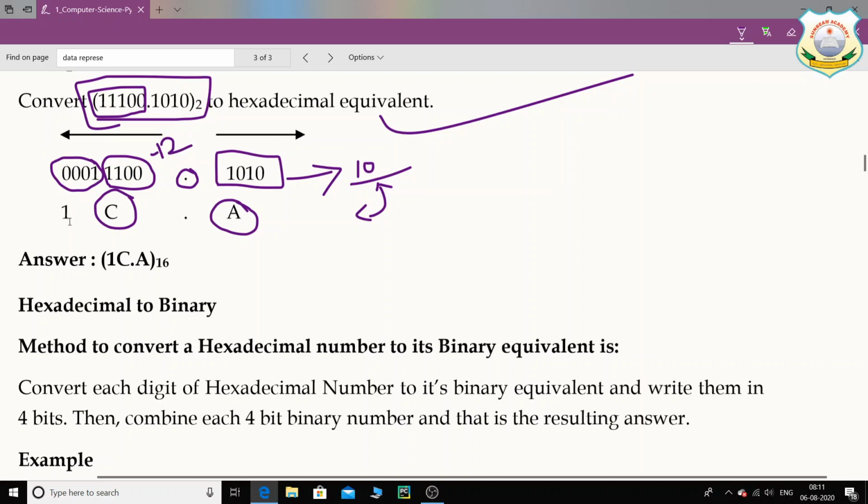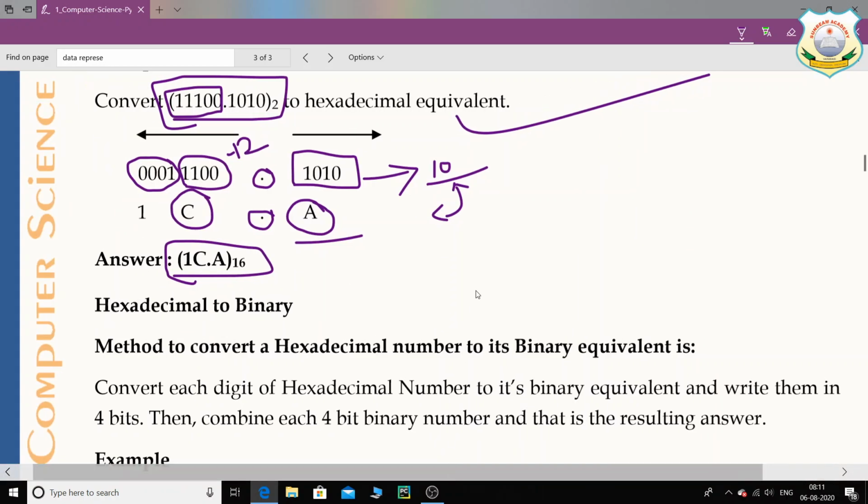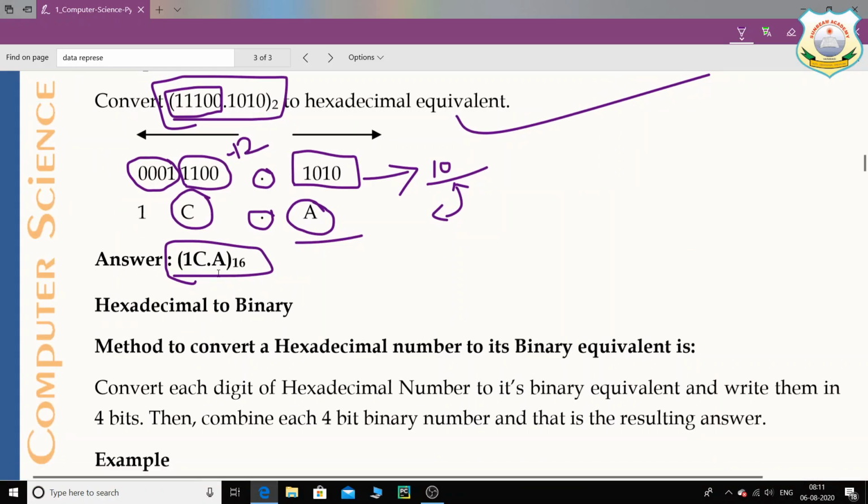And this is 1, so 1 C dot A, and you can see the final answer over here. So 1 C, then the decimal point, A, and 16. This denotes that this is a hexadecimal number. So I hope this is clear now.